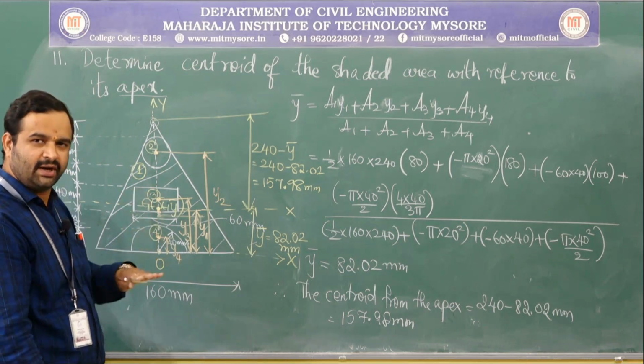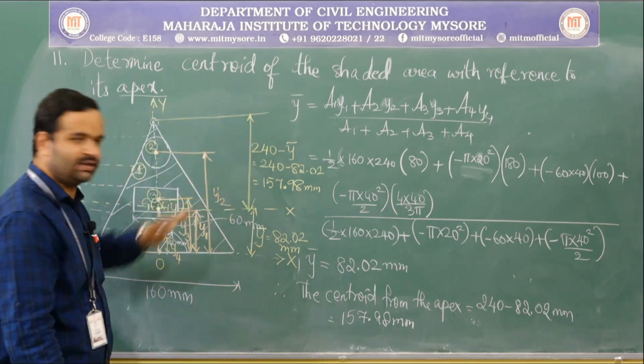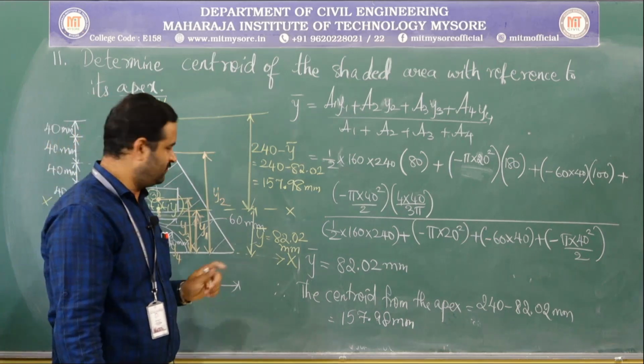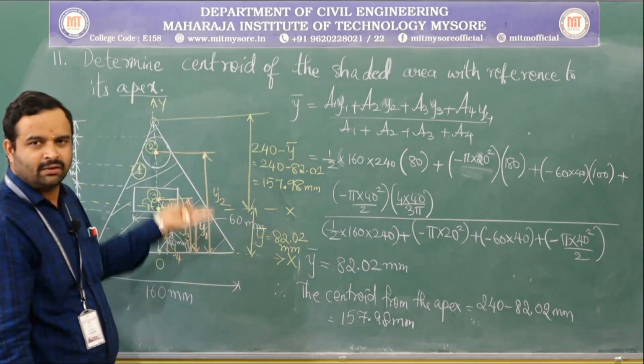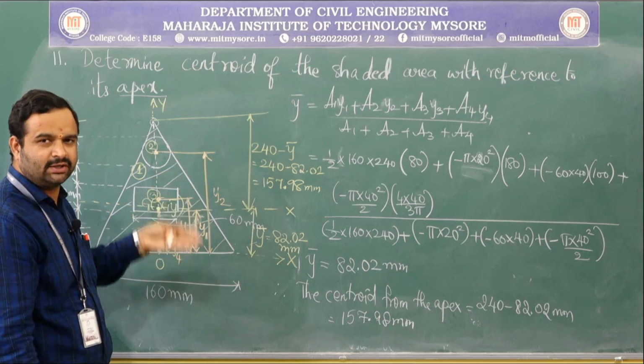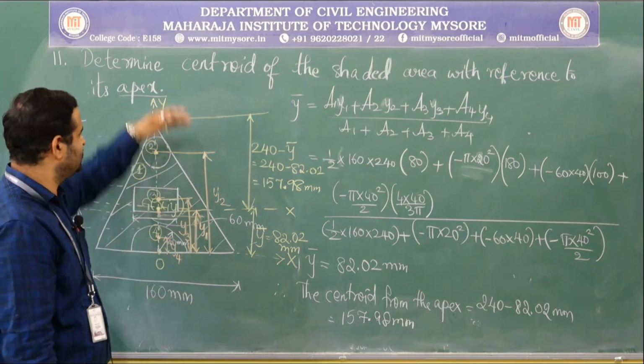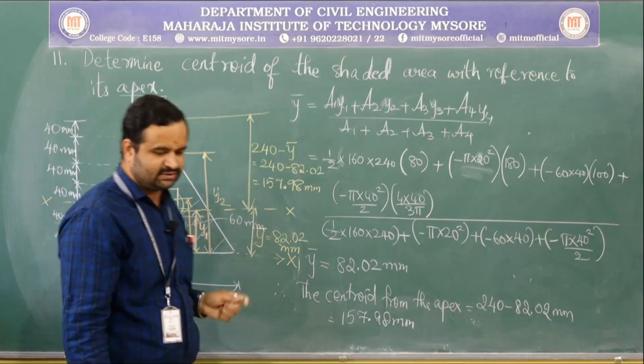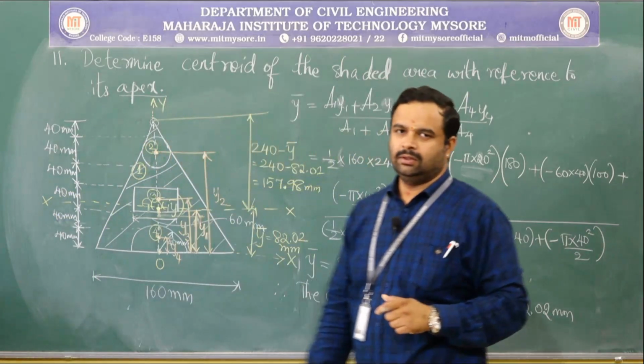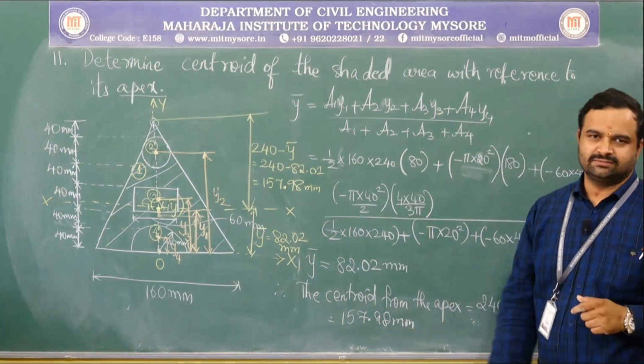You need to locate it with respect to this point, that is the apex. We have calculated it with respect to the OX axis, but you need to write the distance with respect to its apex. That is what is mentioned in the question. I hope you have understood this.